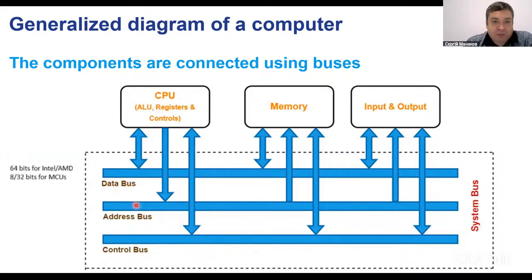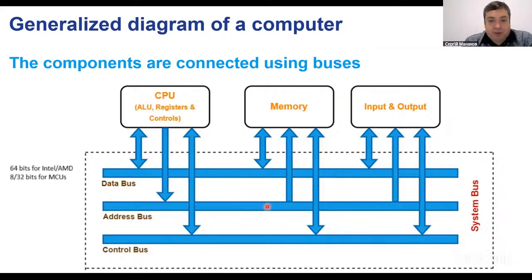Then we have the address bus, because memory devices all consist of memory cells. Each memory cell has its own address, a number that represents its location. And what meaning does the width of our address bus have? How many bits does it use?